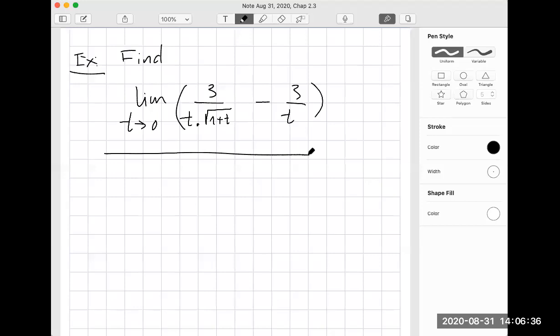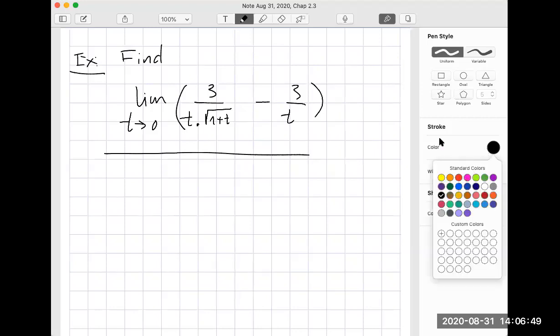Can we do the difference law? The limit of a difference is equal to the difference of the limits. Can we do it this way? We cannot. Why?